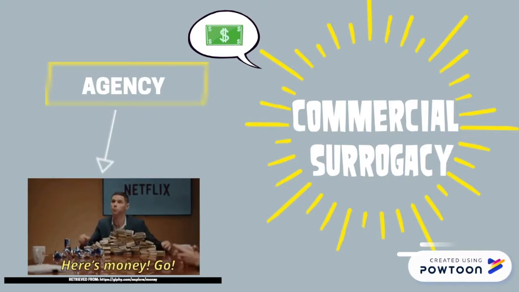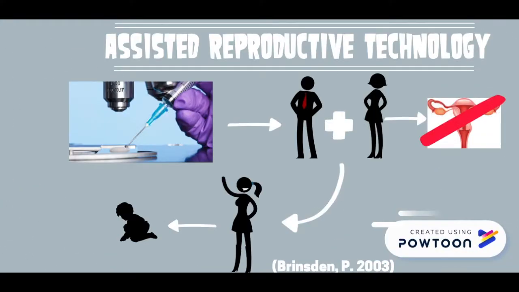There are a number of ways in which surrogacy can be made possible. Assisted reproductive technology has enabled both partners in a relationship to use their own gametes to create their own unique embryos and for these embryos to be transferred to a surrogate host. This has meant that although the female partner of the couple wanting the child may have no uterus, she is still able to have her own genetic child or children.